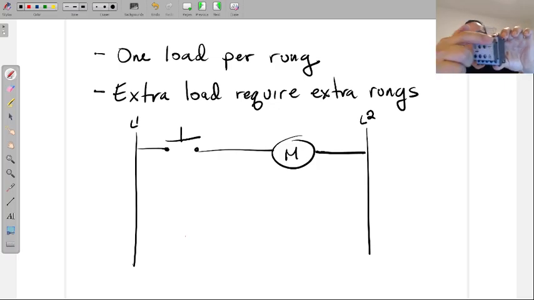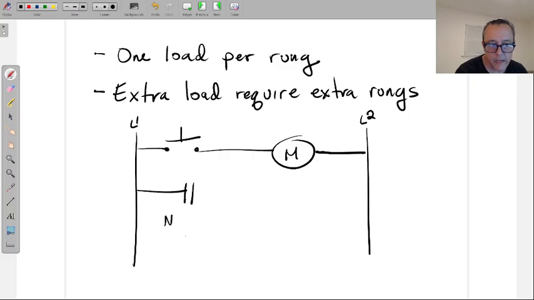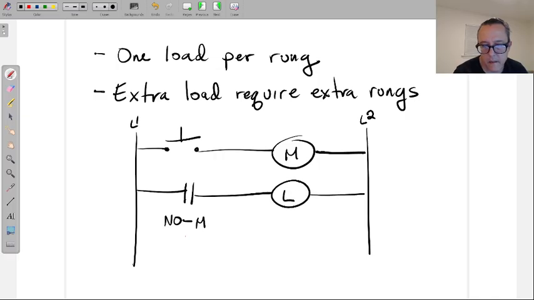So I can use my normally open contacts every time the motor is going to get energized to energize something else. So in that case, I can use the contact, we'll say normally open from the motor, to energize, let's say, a light.